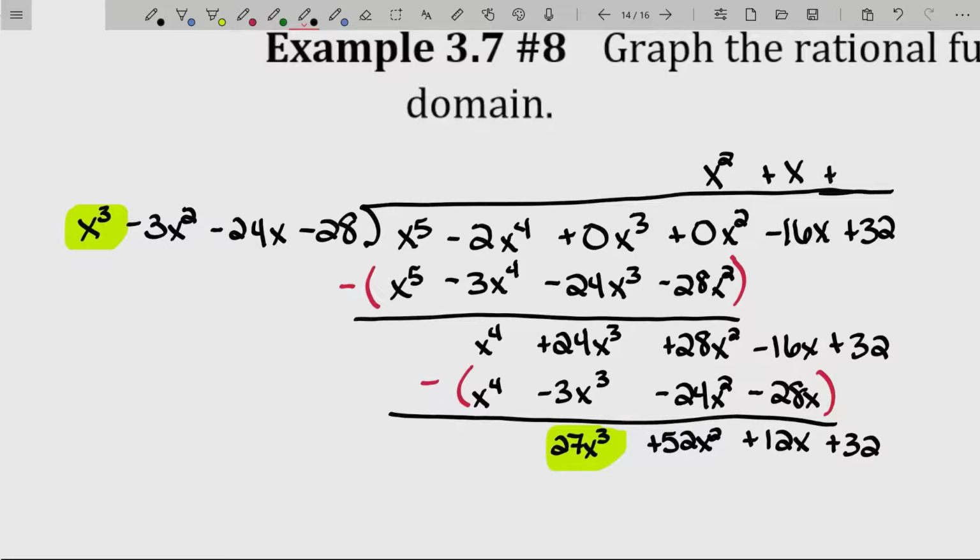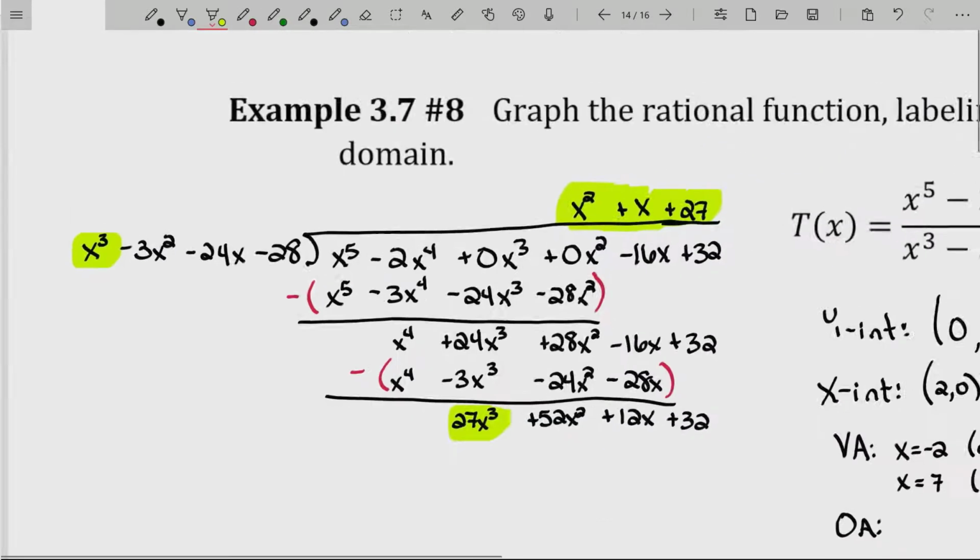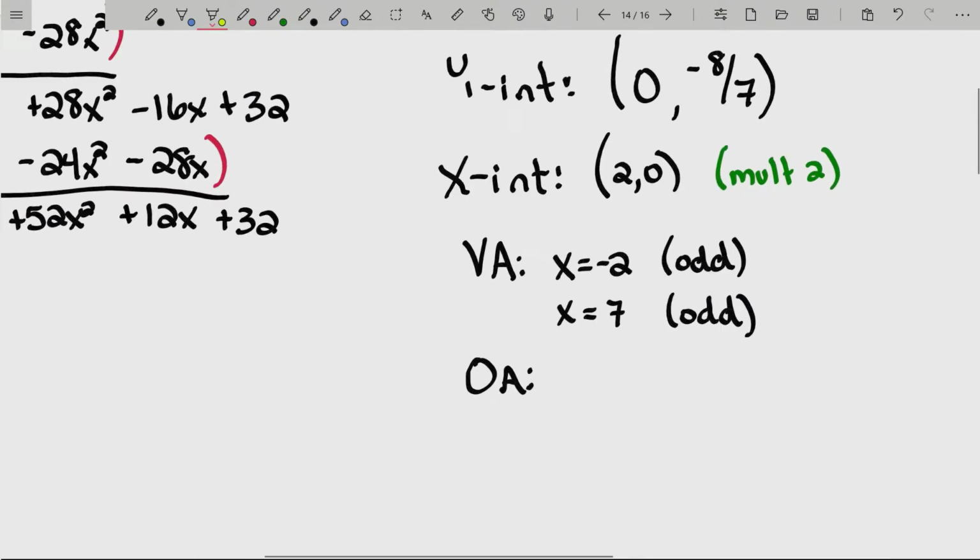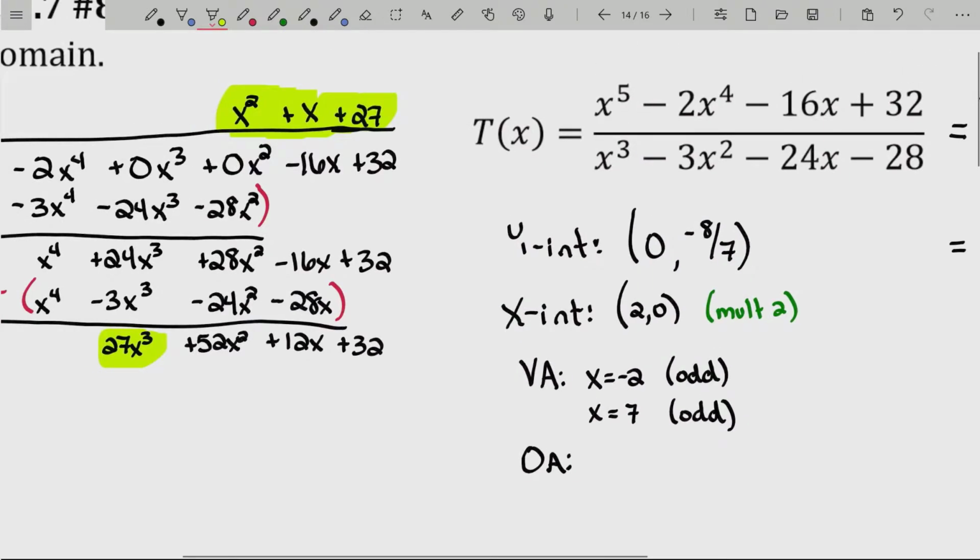And it goes in 27 times, and there's really no need to go any further than that because you're done, right? So if you multiply back, this is your quotient. Once you've found your quotient, there's no need to go any further, so I won't. So my oblique asymptote here is y equals x squared plus x plus 27.